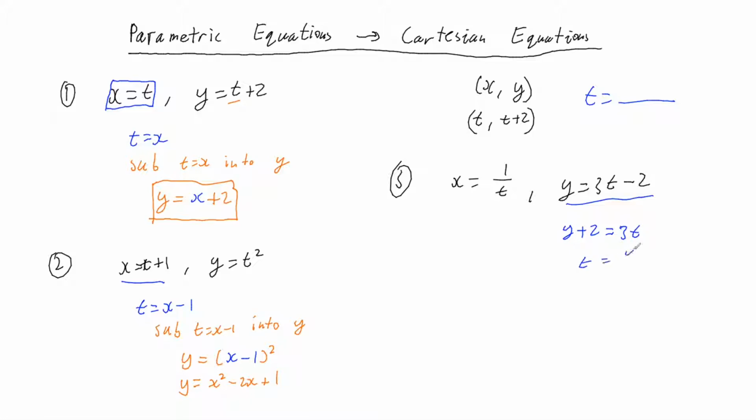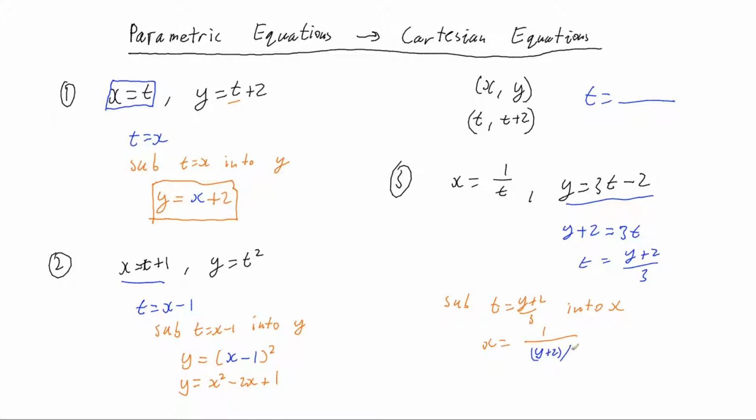So t is going to be y plus 2 all divided by 3. Then if I substitute t equals y plus 2 on 3 into x, I have x equals 1 on whatever t was, which is y plus 2 on 3.